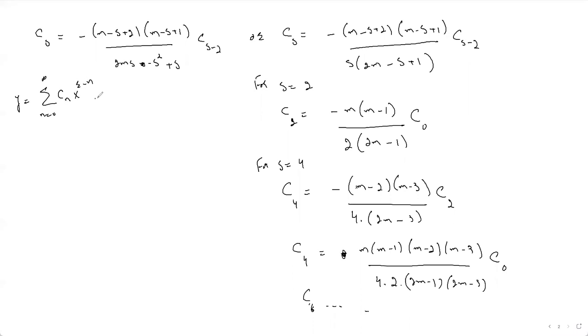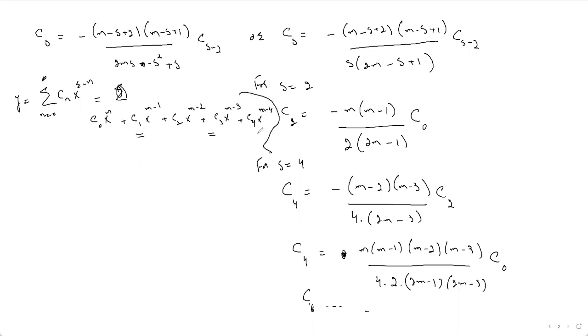So that means the solution is c0 x raised to the power r, which is m for the case r is equal to m, n is 0, okay, plus c1 x raised to the power m minus 1 plus c2 x raised to the power m minus 2 plus c3 x raised to the power m minus 3 plus c4 x raised to the power m minus 4, right? These are the solution. Now I will substitute all these values.